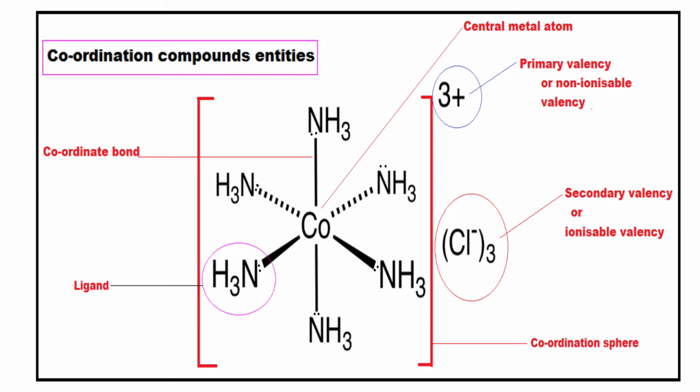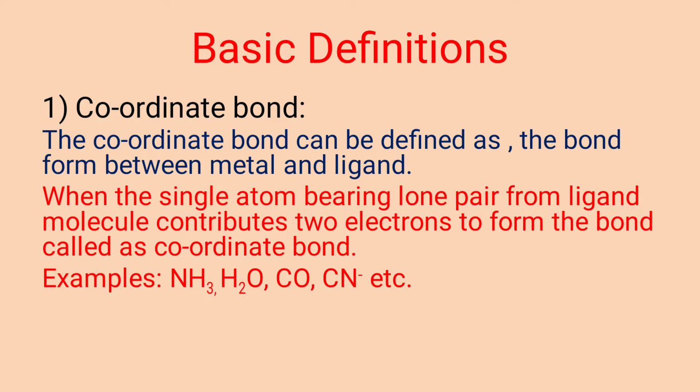Here a +3 charge results on the complex, which is called the primary valency or non-ionizable valency. The species present outside the square bracket are called the secondary valency or ionizable valency. We are going to see in detail what primary valency and secondary valency are, and why these are called non-ionizable or ionizable valency in Werner theory.